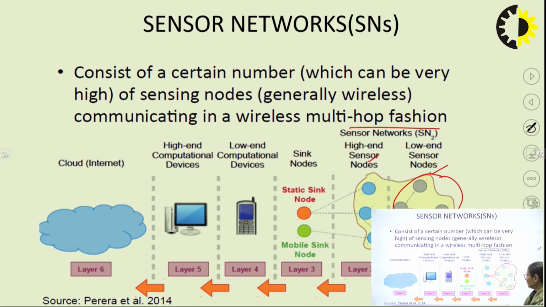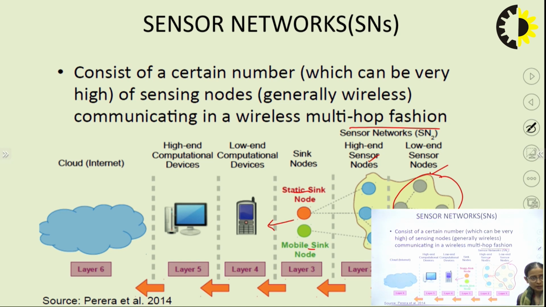After that, at layer 3 we have sink nodes, and these sink nodes can be static or mobile in nature. These static or mobile sink nodes can send the data to low-end computational devices, which can be your mobile phones as the simplest low-end computational device.